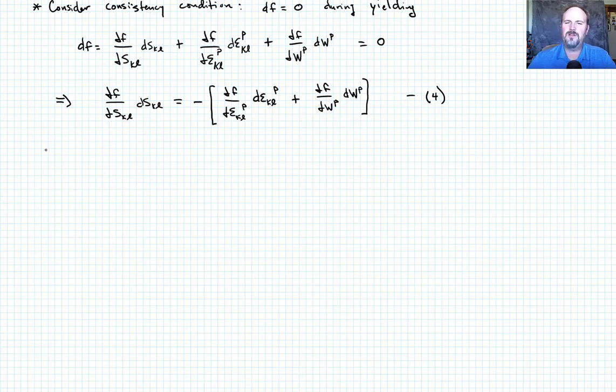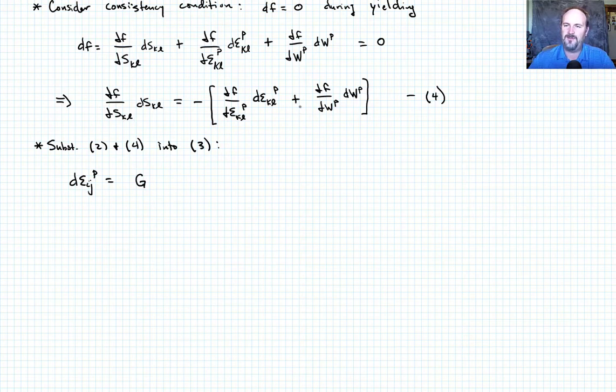So I'm going to substitute 2 and 4 into 3. 3 was just my original equation for the plastic strain increment. So d epsilon ij plastic was equal to g times the partial of f with respect to S_KL times dS_KL.